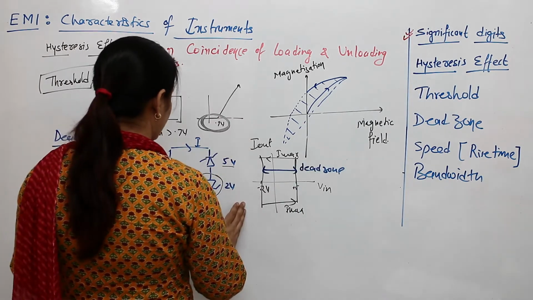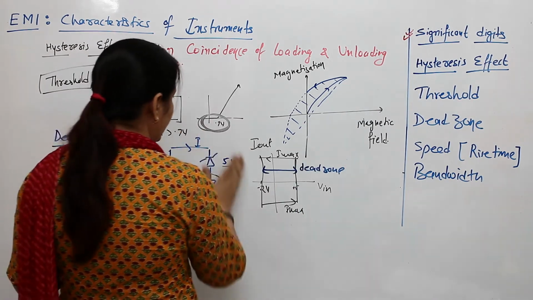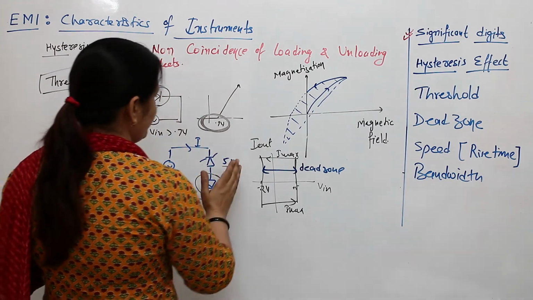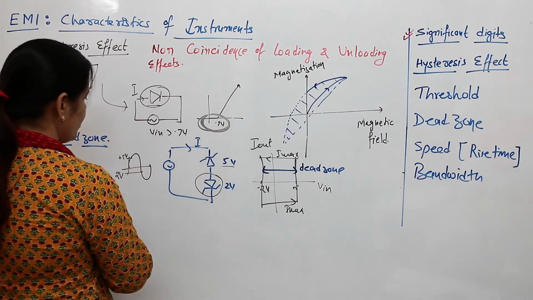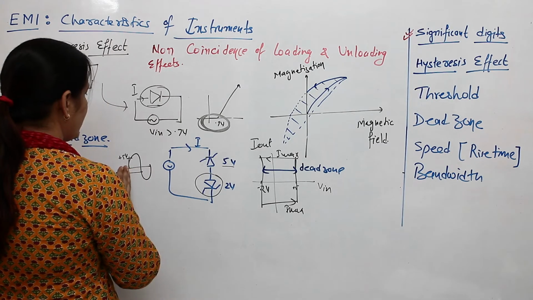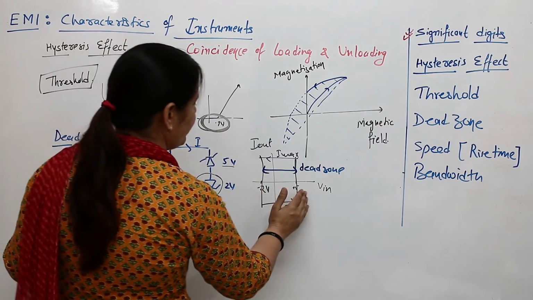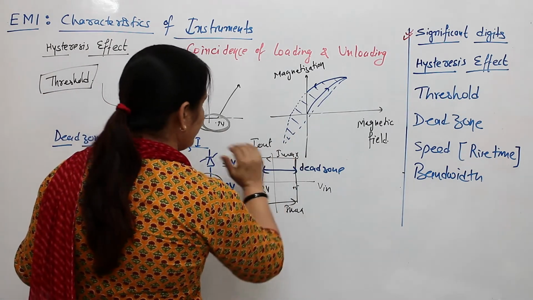So in this circuit, we are not getting any response I output in the range plus 5 volt and minus 2 volt. Until our voltage crosses the plus 5 volt, there will be no current. After the plus 5, you are getting the I maximum in a particular direction.